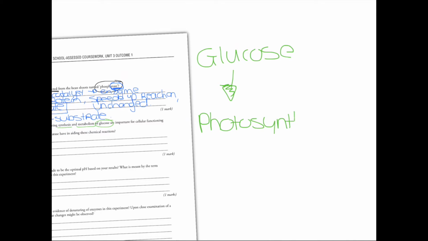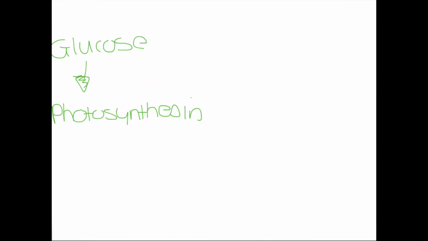So when we think about glucose, you've got to think about where it's produced, which is in photosynthesis, and then it's used in cellular respiration.